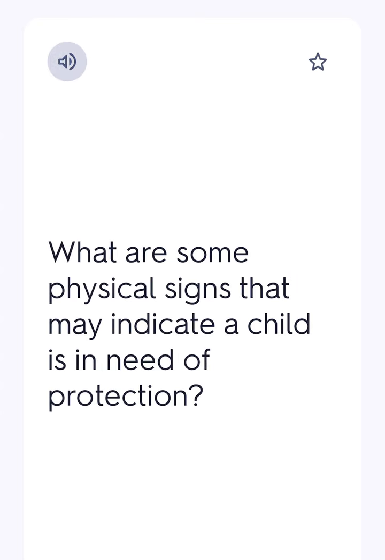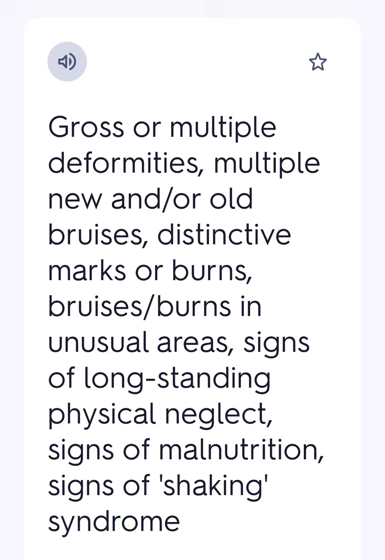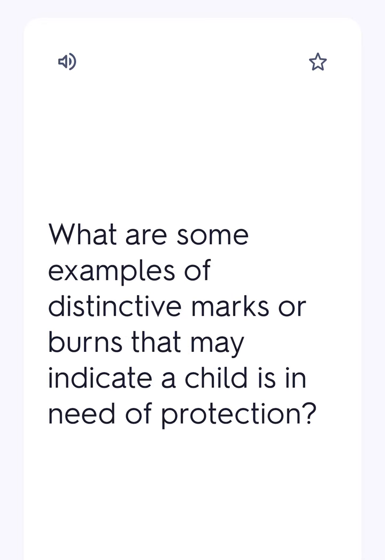What are some physical signs that may indicate a child is in need of protection? Growth or multiple deformities, multiple new and/or old bruises, distinctive marks or burns, bruises/burns in unusual areas, signs of long-standing physical neglect, signs of malnutrition, signs of shaking syndrome. What are some examples of distinctive marks or burns?